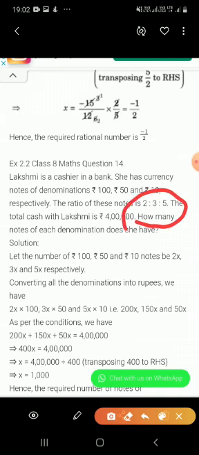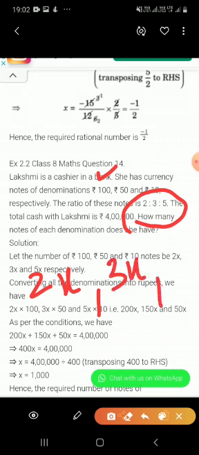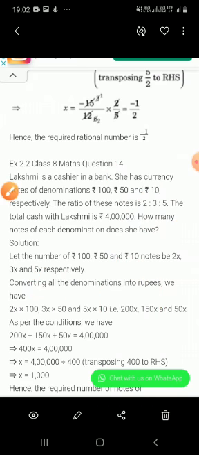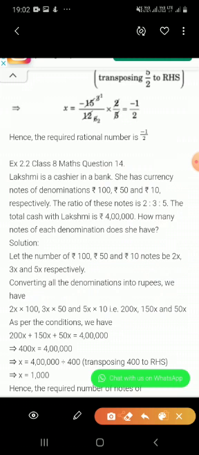So first see which is given, 100 is given, so let the 100 rupee note be 2x. Then let the 50 rupee note be 3x. And then let the 10 rupee note be 5x. From the ratio we are making the assumption, like here they have done.